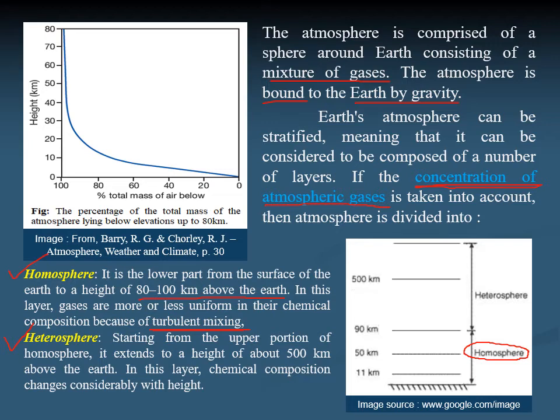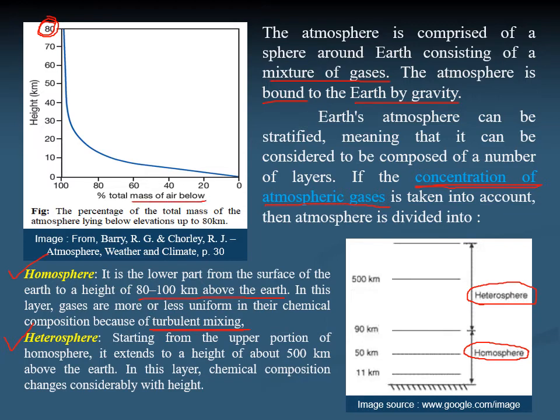Now if we look at the concentration of atmospheric gases within this entire 500 kilometers, it was found that within the homosphere, that is up to the level of 80 to 100 kilometers, almost or nearly 100% of the total mass of atmospheric gases is present.